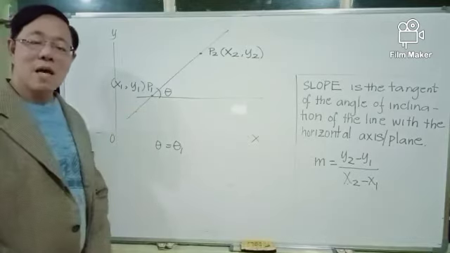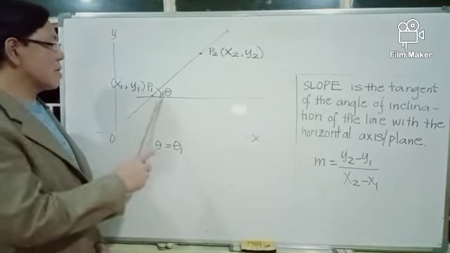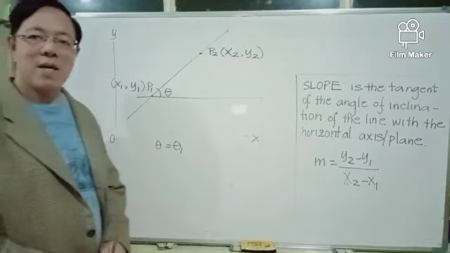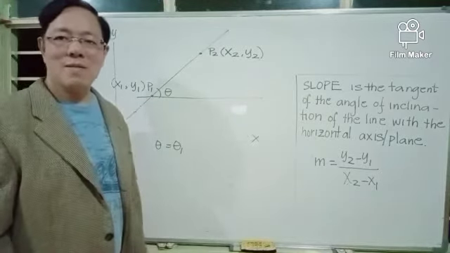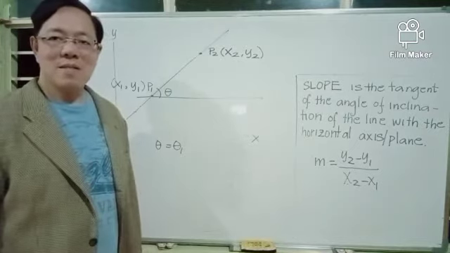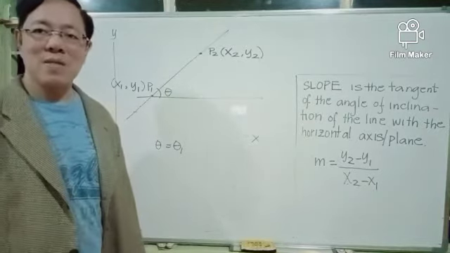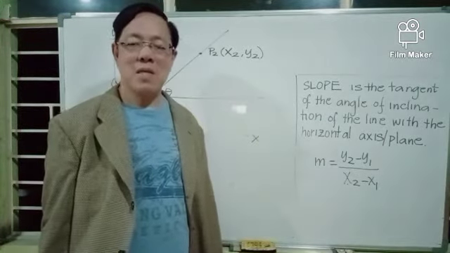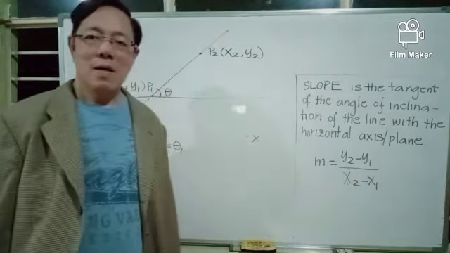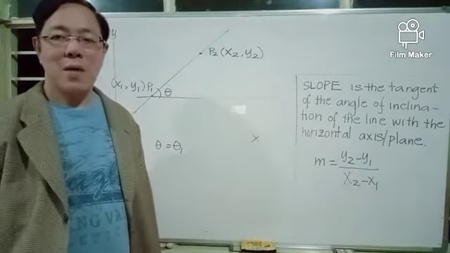Now, to get the tangent of the angle theta, we construct a right triangle because the values of the six basic trigonometric functions of an angle are based on an acute angle of a right triangle.